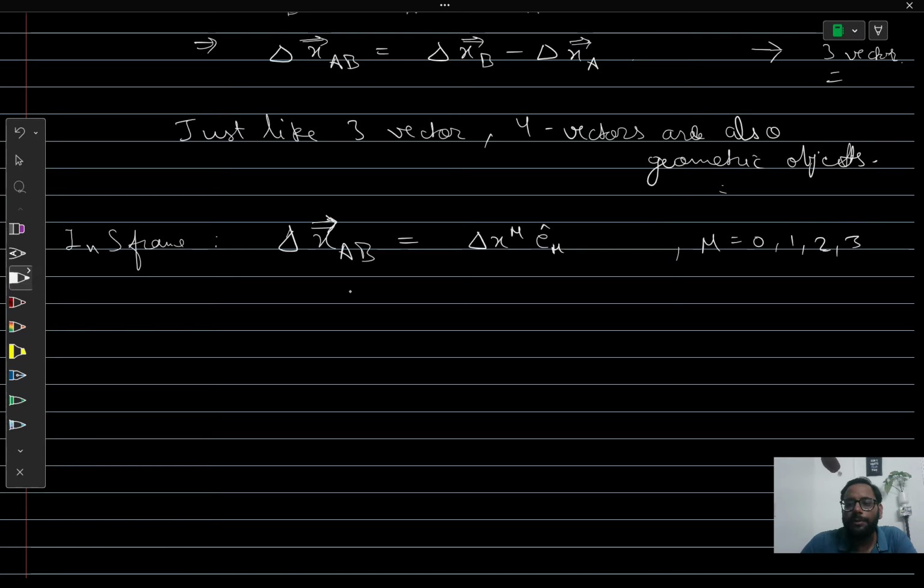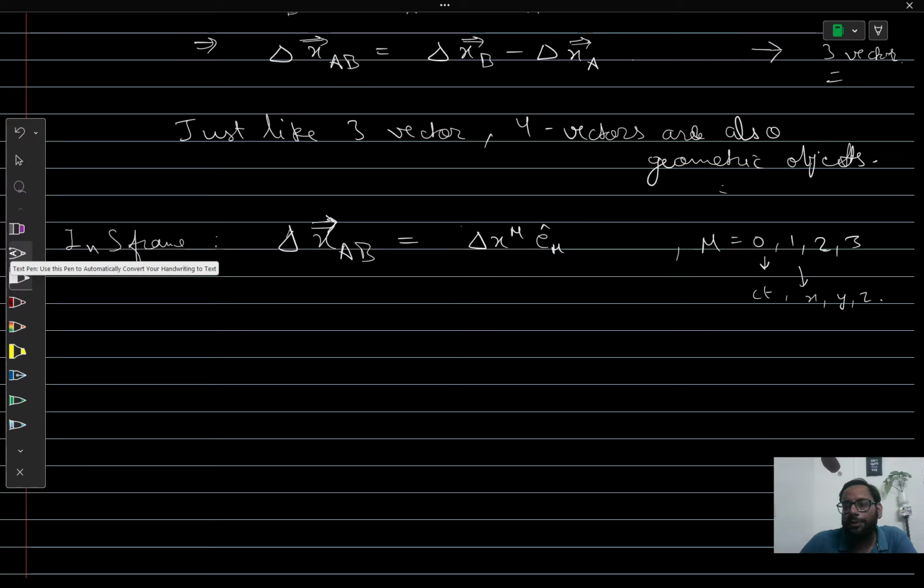There are four dimensions, and it represents my ct coordinate, and this one represents x, y, and z. Okay, so this is how there is a summation. These are dummy indices, so they are summed over. So we do not have to include this particular sign, that is of sigma. Okay, so this is the thing.